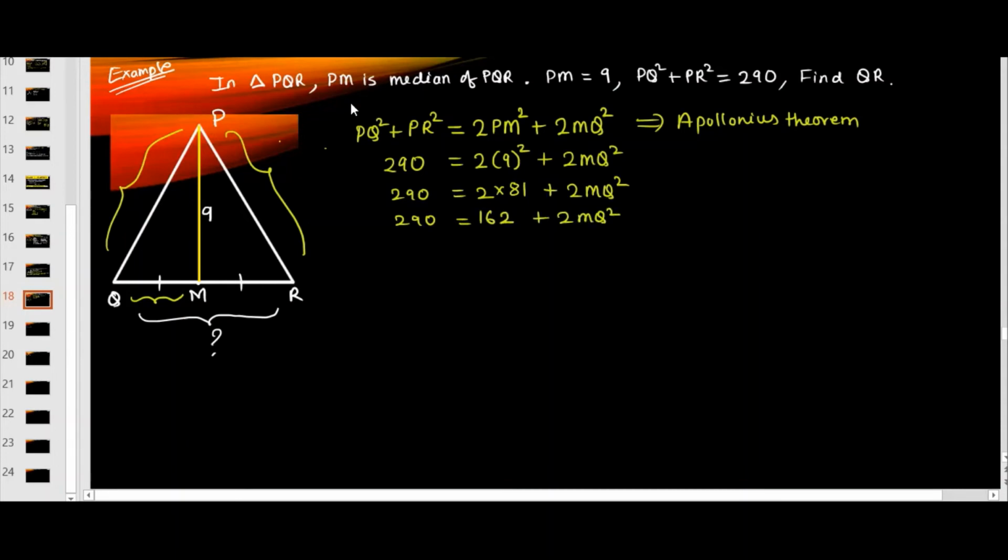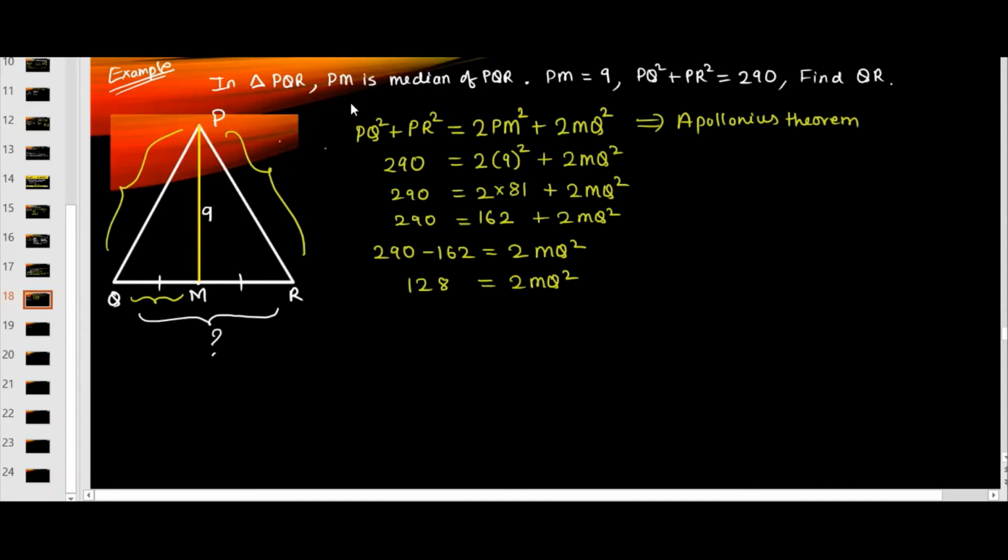Now let us bring this 162 to the left side. So it will give you 290, 162 will become negative 162, is equal to MQ square. 290 minus 162 is 128, is equal to MQ square.